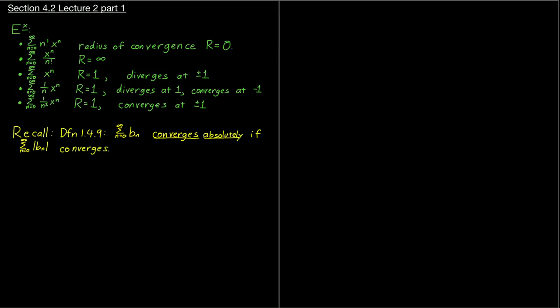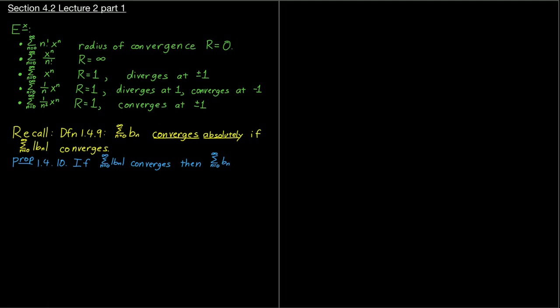And then we had two useful propositions about absolute convergence. The first is that if a series converges absolutely, so if the absolute values converge, then it converges.